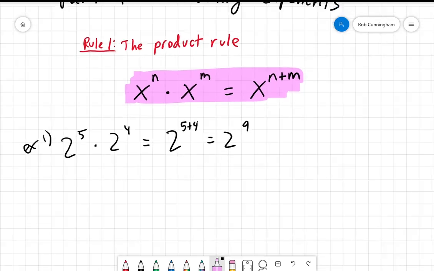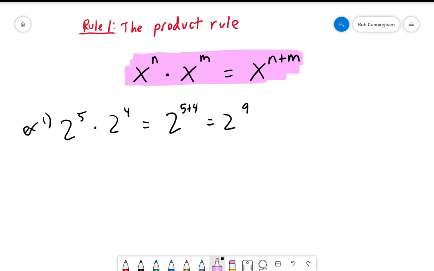So let's look at this another way so that you can see why 2 to the 9th is the correct answer. This 2 to the 5th here, we could represent that as 2 times 2 times 2 times 2 times 2, right? 2 times itself 5 times.